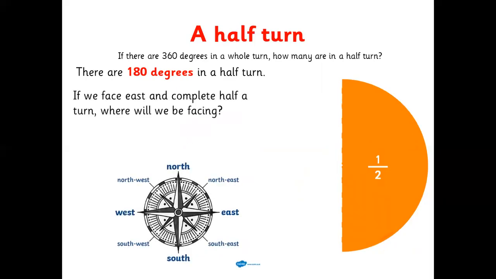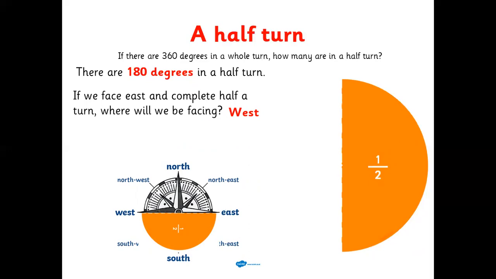Okay. So if we are facing east and we complete half a turn, where would we be facing? We'd be facing west. Now, we're going to go on and you'll hear the terms clockwise and anti-clockwise.